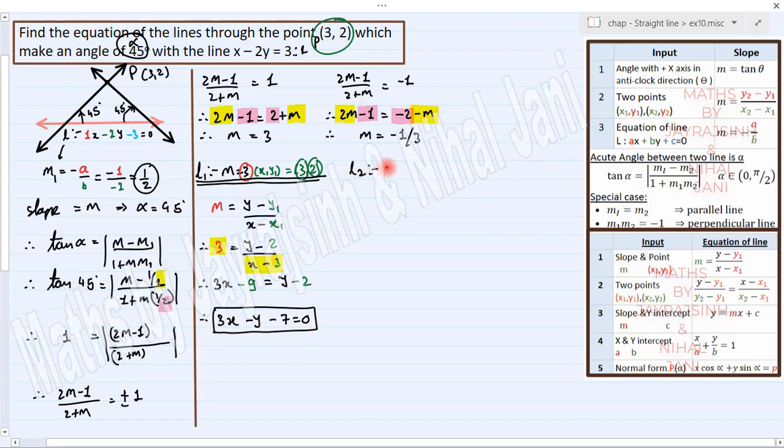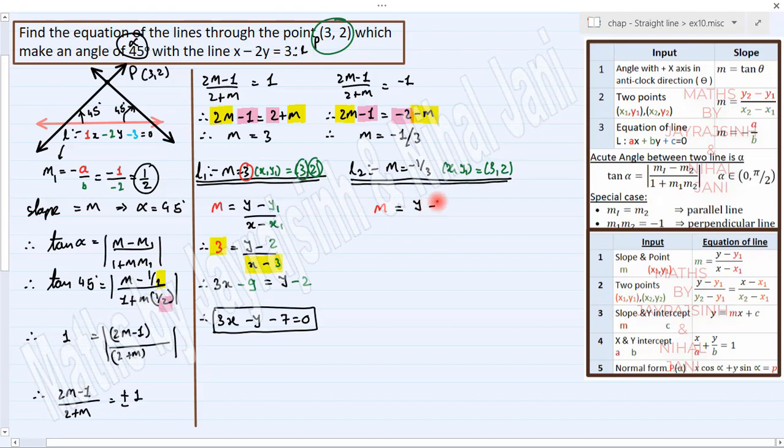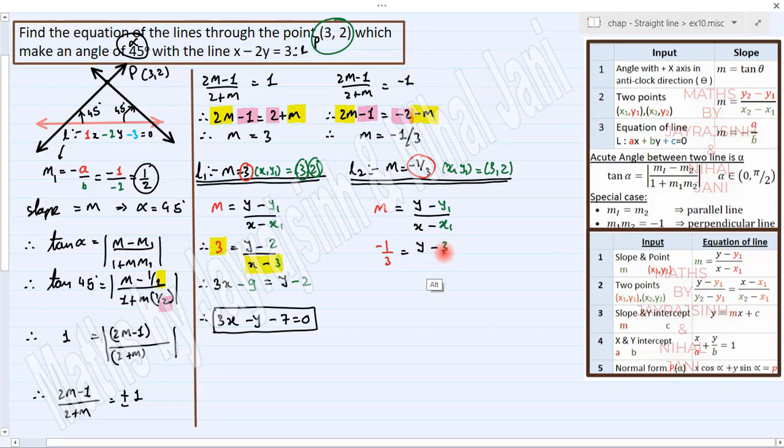Similarly, for the second line, we have to take slope as minus 1 by 3 and point as (3, 2) and use the same formula. m is equal to (y minus y1) upon (x minus x1). But this time, your slope is minus 1 by 3. And on the right hand side, we'll get (y minus 3) upon (x minus 2).